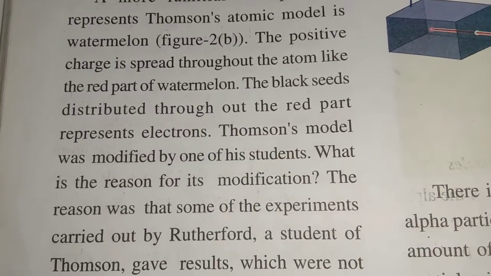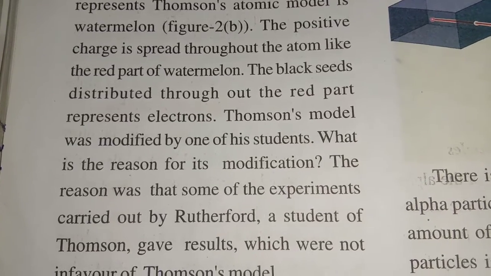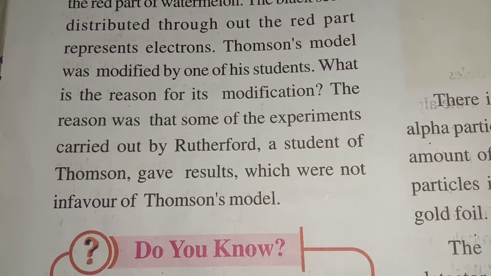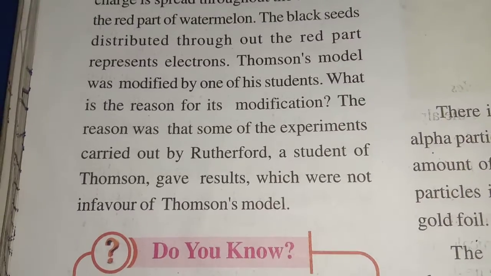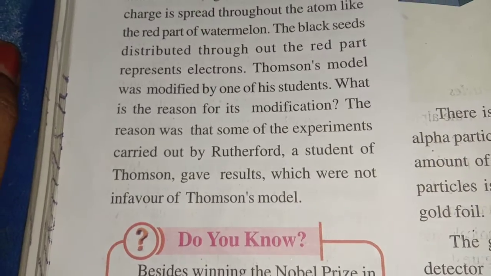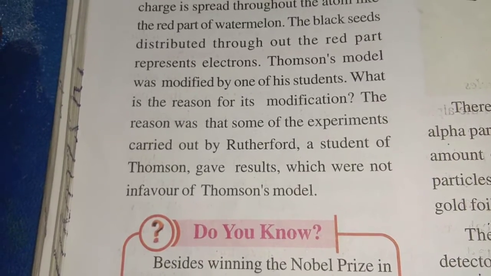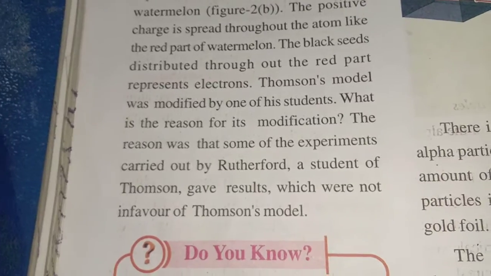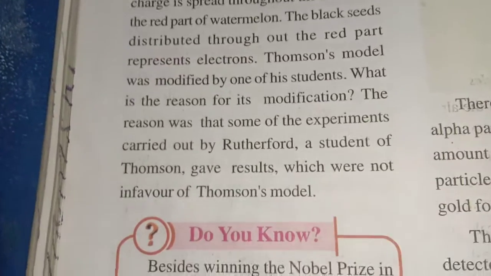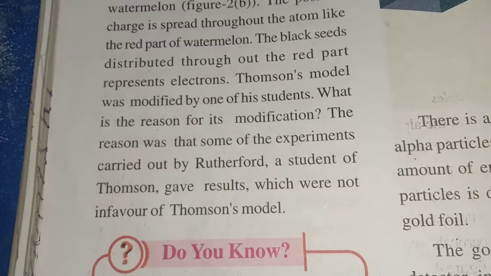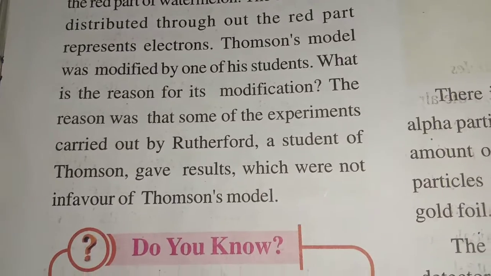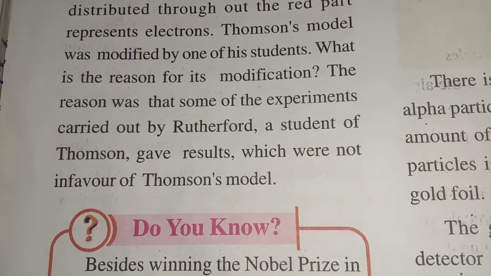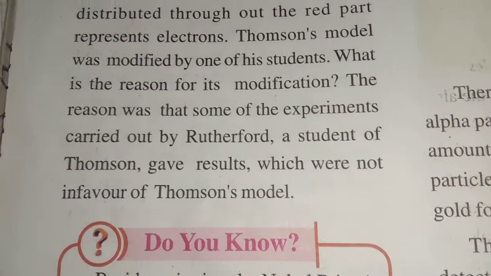Thomson's model was modified by one of his students. What is the reason for its modification? The reason was that some experiments carried out by Rutherford showed limitations, some drawbacks, in J.J. Thomson's model. Rutherford, a student of J.J. Thomson, gave results which were not in favor of Thomson's model.